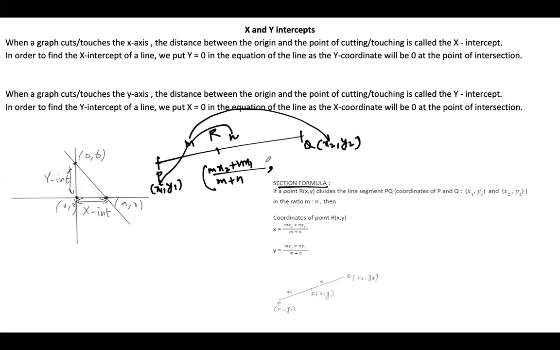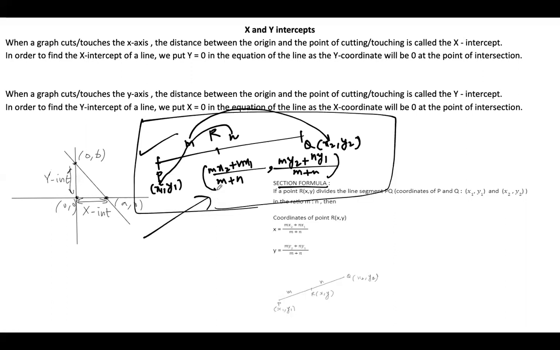Similarly, for the y coordinate, it should be m multiplied by y2 plus n multiplied by y1, divided by m plus n. Not that important, but it may be used somewhere. Less chances, but it's important that you remember this.